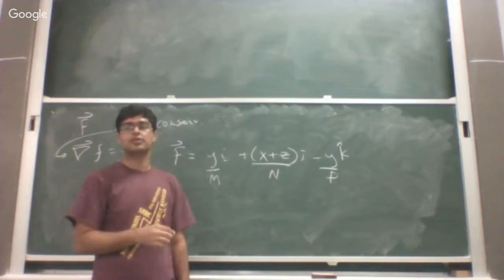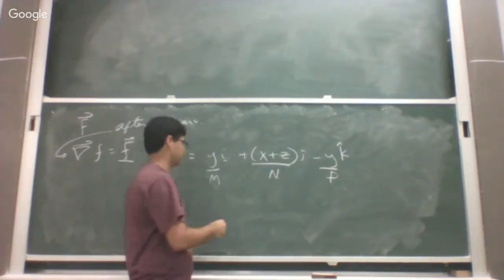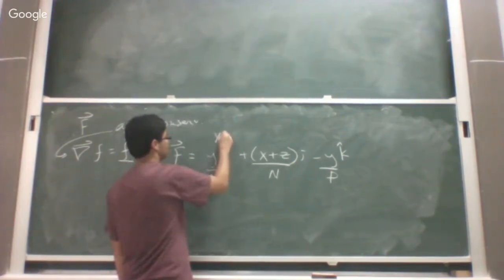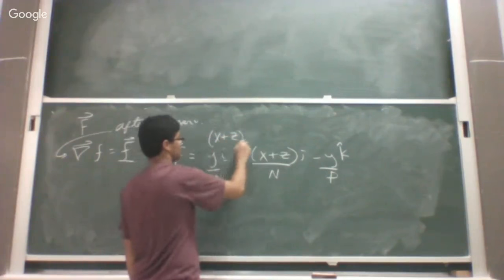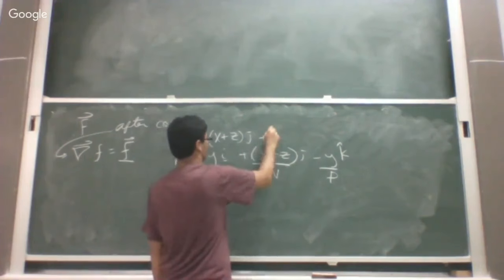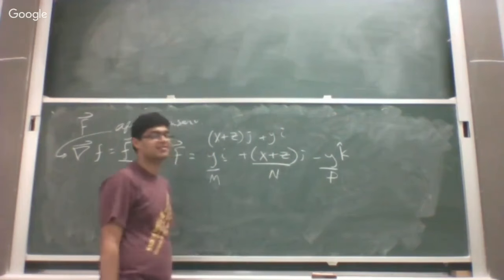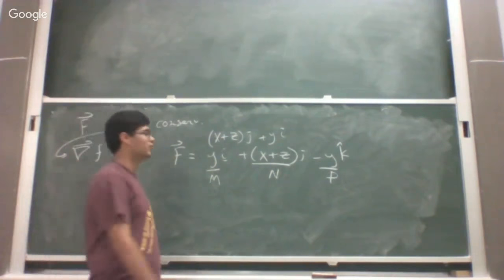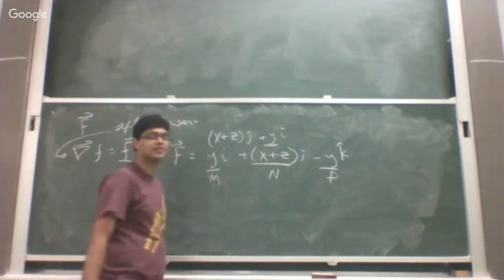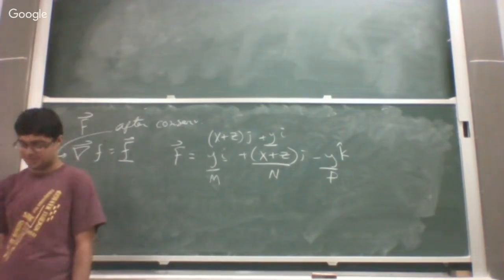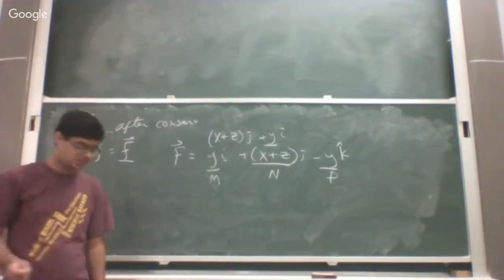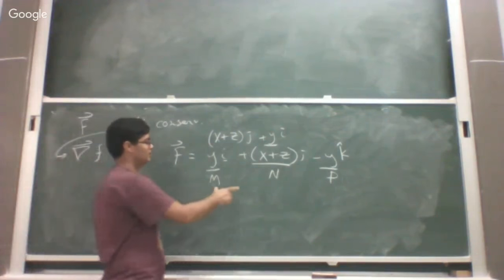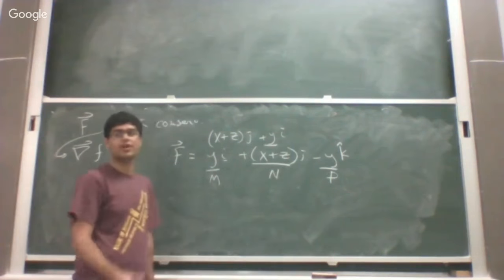Sometimes, say randomly, if I have (x plus z)j plus yi, which one's your M value? The y is still your M value, because that's out of order. It's the value in front of the i. Don't always assume that it's i, j, and k, or that M is the first one.